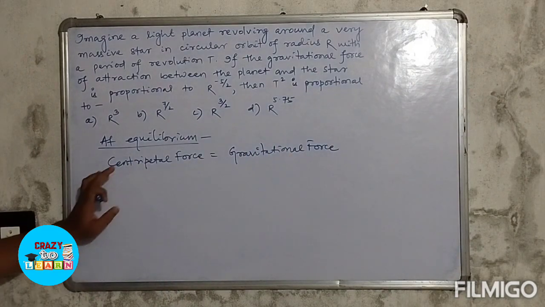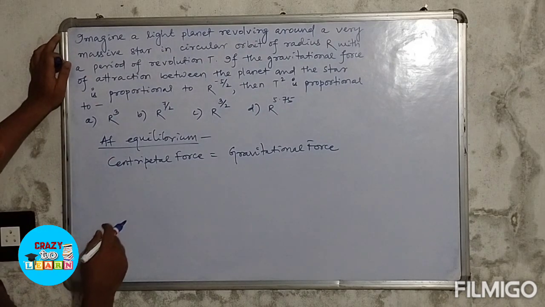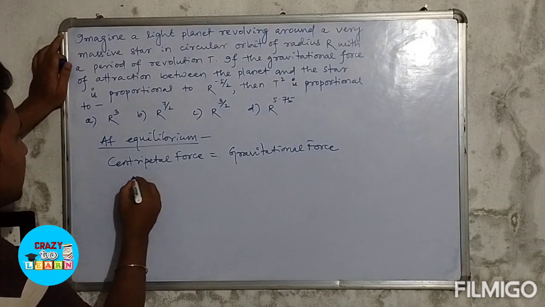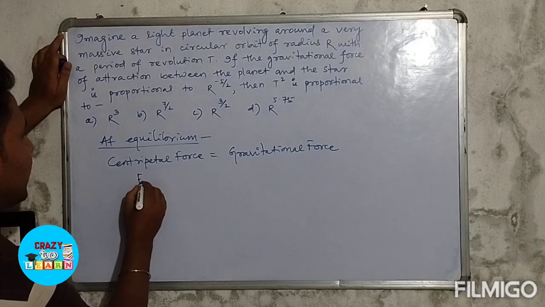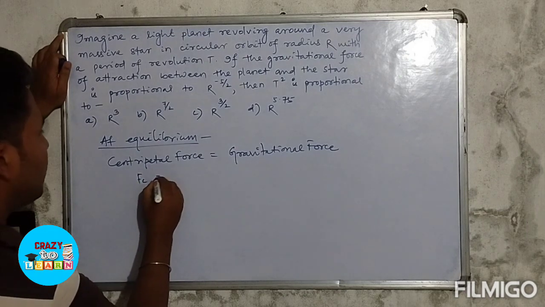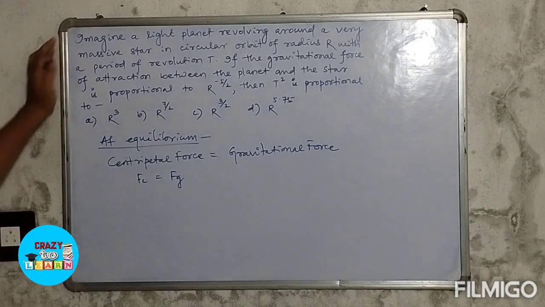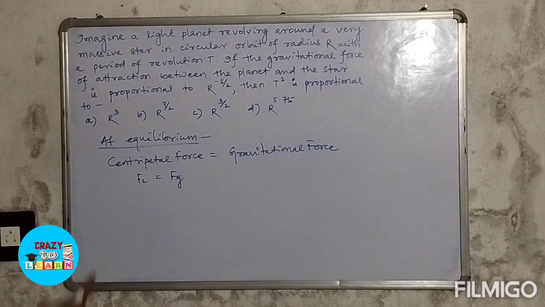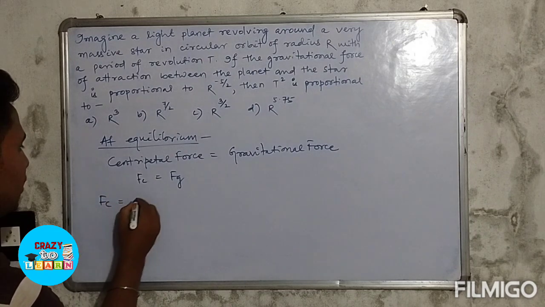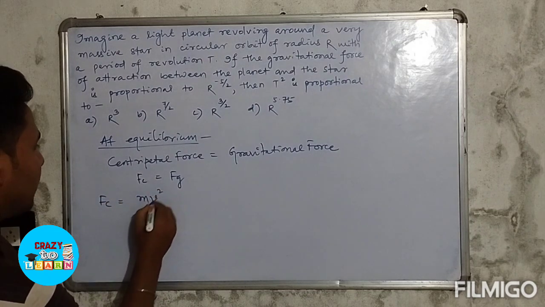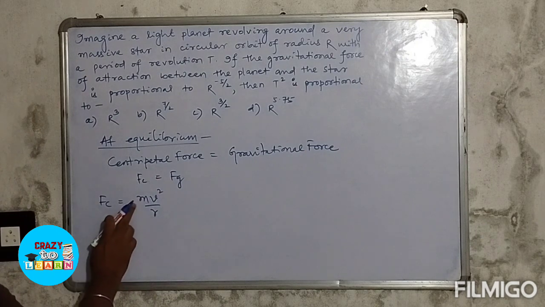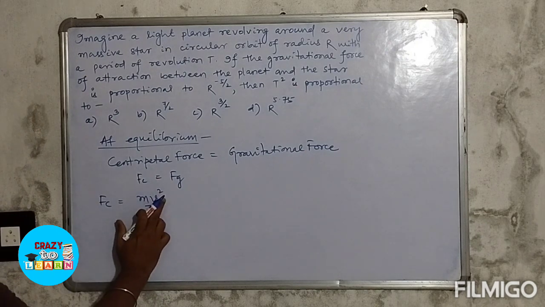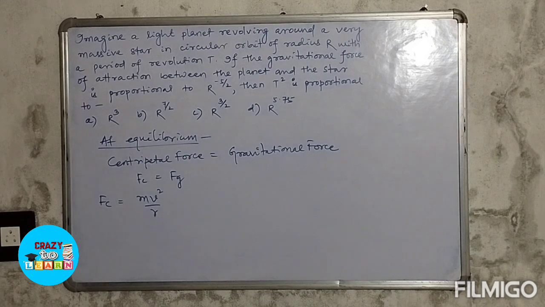We know the centripetal force, if you take it as Fc, is equal to the gravitational force Fg. So what is the formula for the centripetal force? Fc is equal to mv square by r, where m is the mass of the object, v is the velocity, and r is the radius.